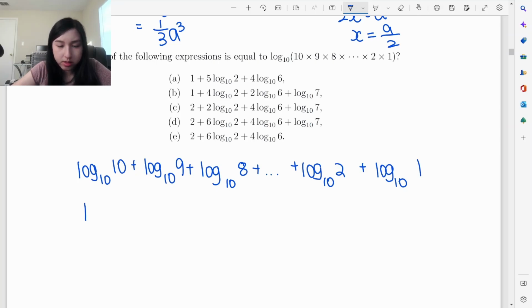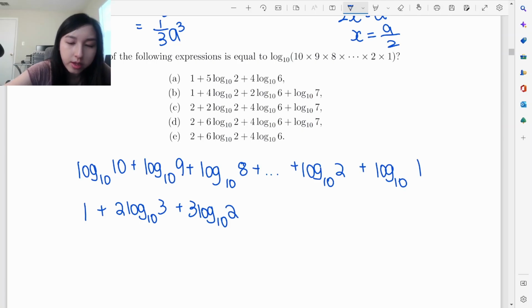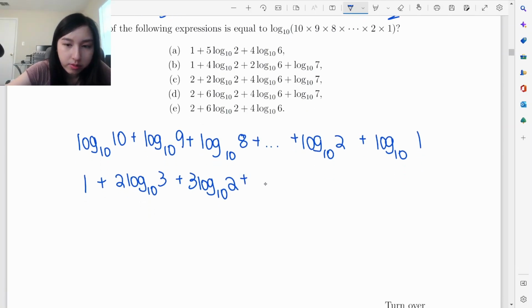Okay, that's interesting. Oh, I see. Plus 2 log 10 3, and 8 is 3 log 10 2. 7 is a prime number, so you can't do anything with log 10 7, so obviously it's not A or E because there's no log 10 7.